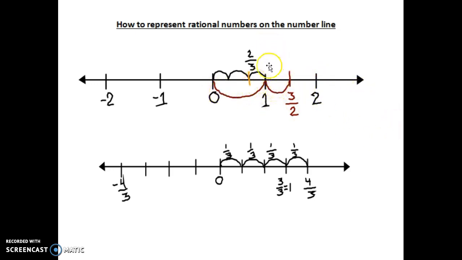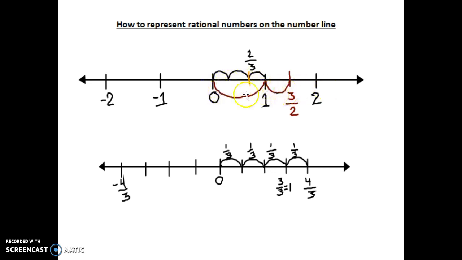Now, a very important note about number line is that the numbers on the number line should be or must be located at equal gap from each other. That means that the distances between two consecutive pair of numbers must be equal.